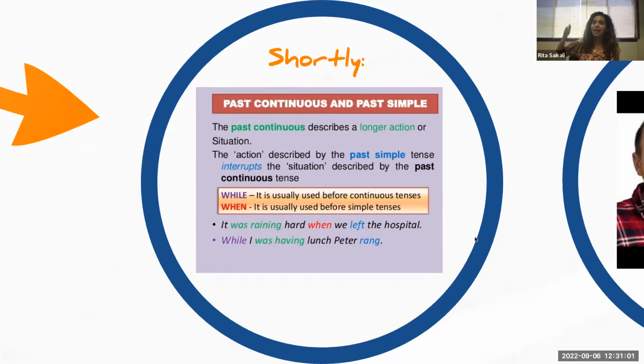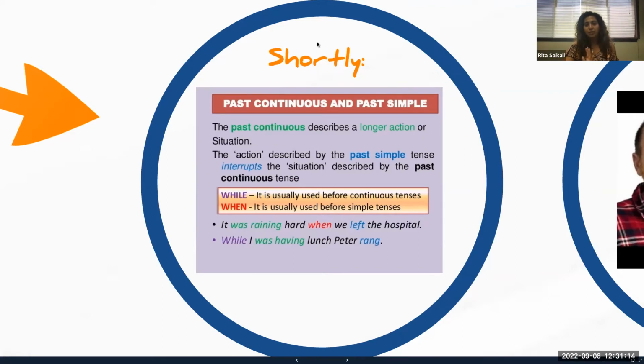Whatever stops it, that is the simple past. It was raining hard when we left the hospital. Okay? Cool? Questions, thoughts, anything? Are you scared? Are you terrified? Are you crying? All right, fantastic. I'm glad you are not.